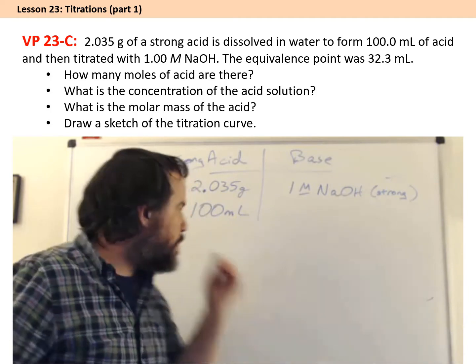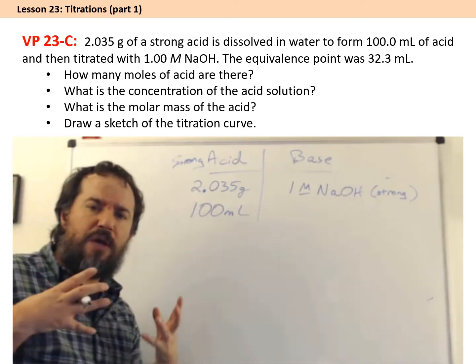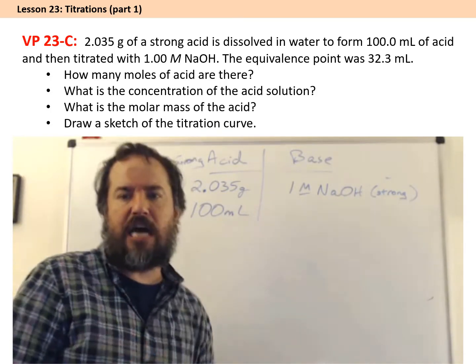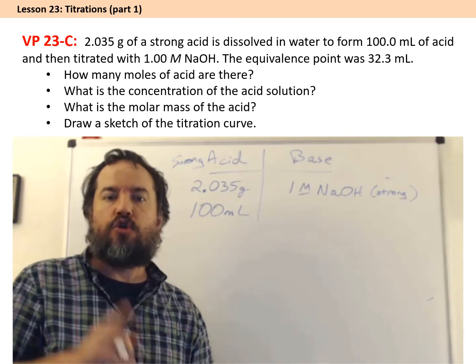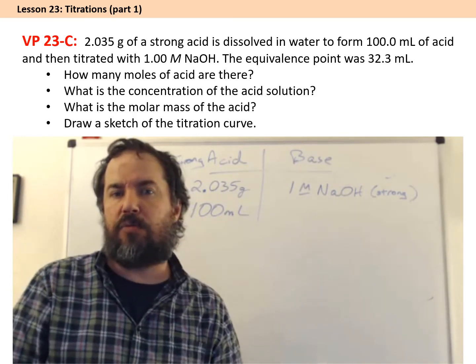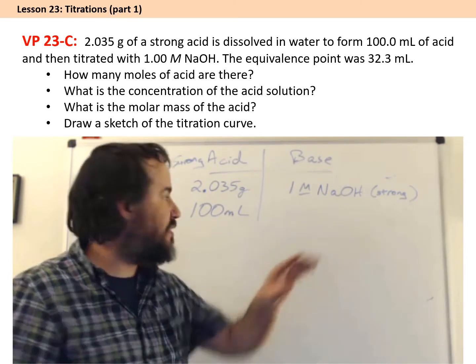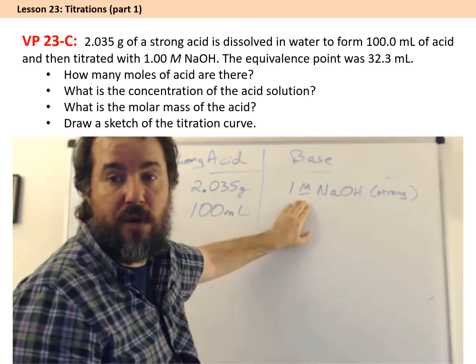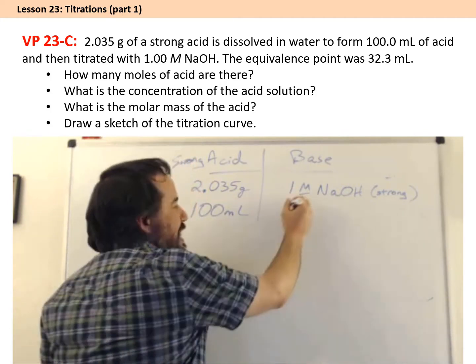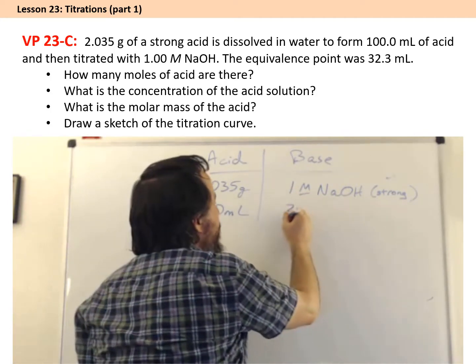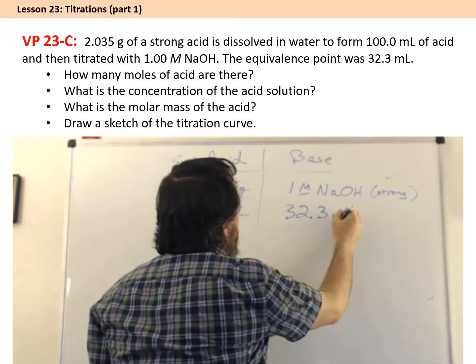Well, equivalence point is always when we add in our titrant. Okay, so I've added in 32.3 mLs. So my titrant in this case is the one with the known concentration. So that means that that is for my NaOH.